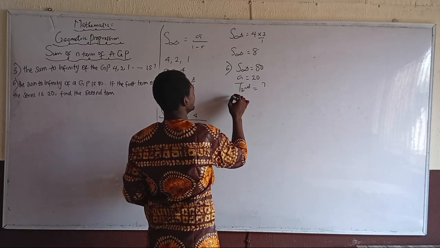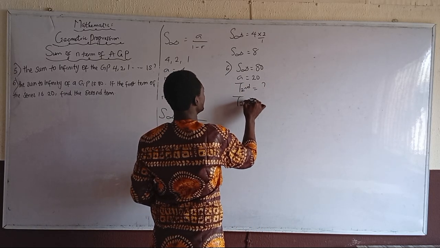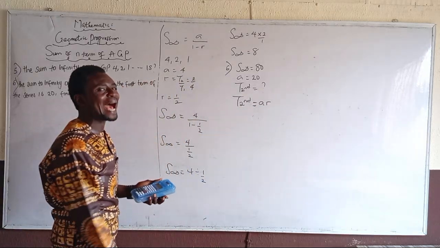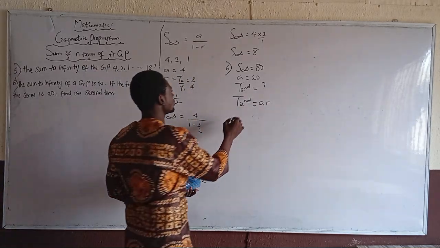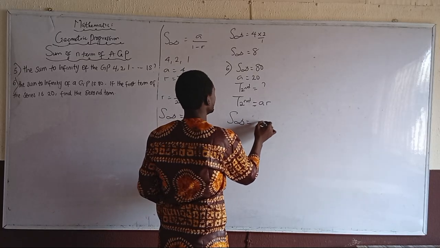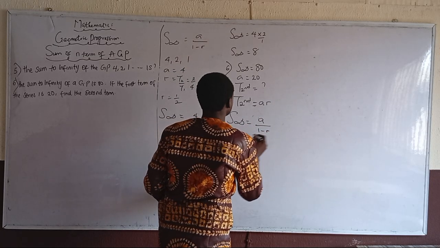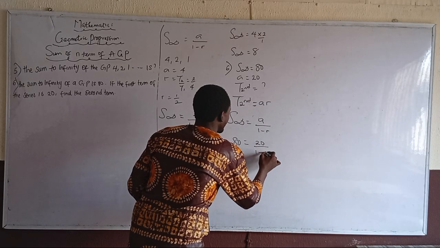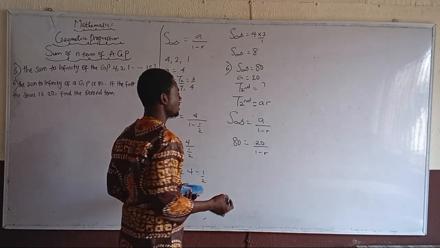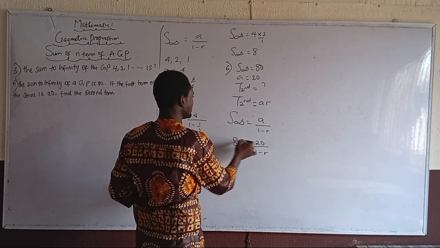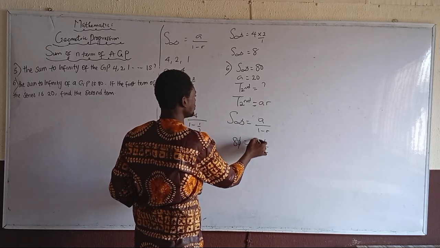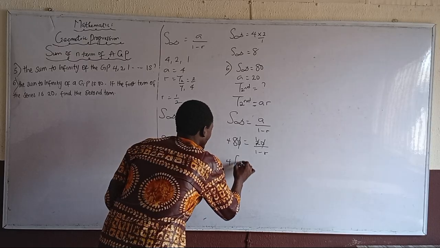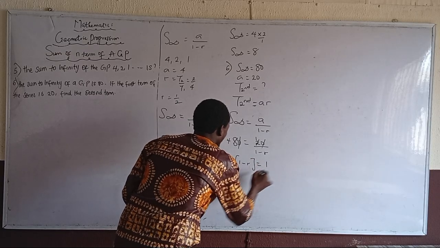The second term is AR, which means from the sum to infinity, I need to find my R. So sum to infinity is A over 1 minus R. So 80 equals 20 over 1 minus R. Here, I can cancel 0 with 0. 2 here 1, 2 here 4. So 4 brackets 1 minus R is equal to 1.